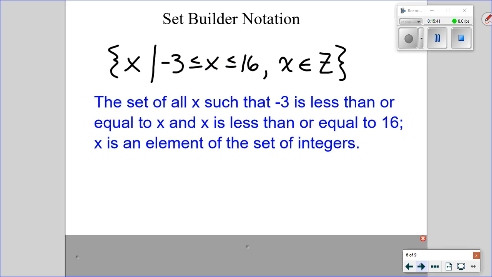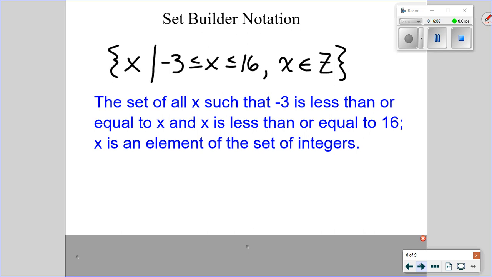Okay, the next notation we're going to look at is called set builder notation. And we won't use set builder notation that often, but it's good for you to be familiar with it because you often see it used in textbooks or whatever you might be using to practice, be it a website or whatever.